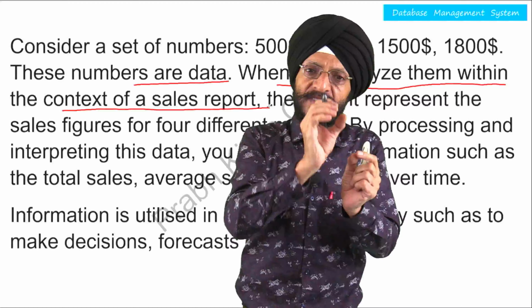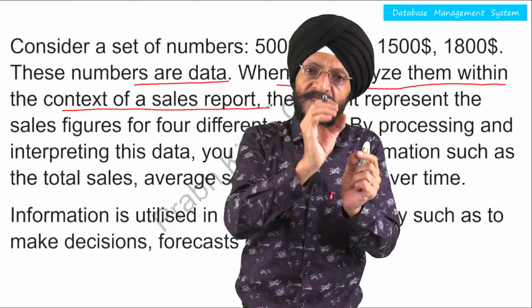Data refers to raw facts and or figures. Data is an unsystematic fact or detail about something. Suppose you go to a shopkeeper and give him in writing in which it is written 10.